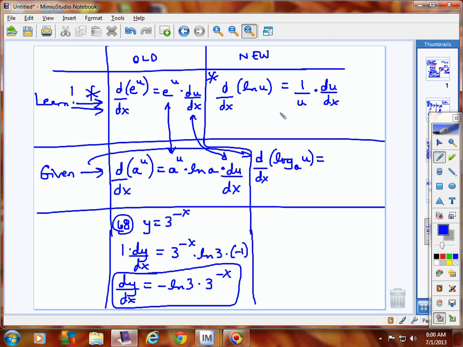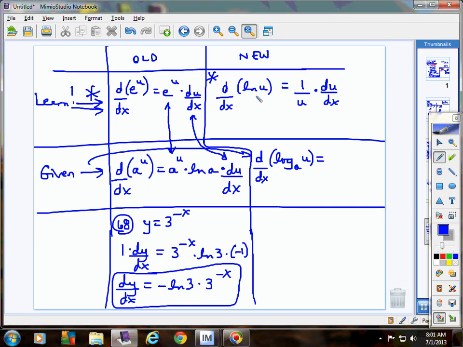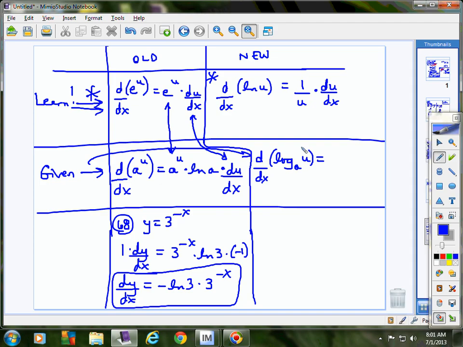It's just something besides, what was it up here? Invisible base of e, right? Natural logs have a base of e, so we're talking about some log problem that doesn't have a base of e. All right, it kind of works like this one did. When you find the derivative of ln of something, you put 1 over the stuff, don't you? So right here, we'd put 1 over u. Just like we did up here.